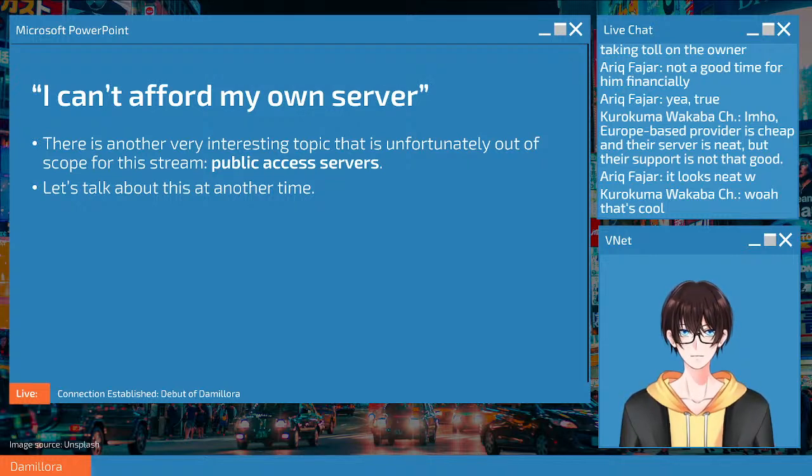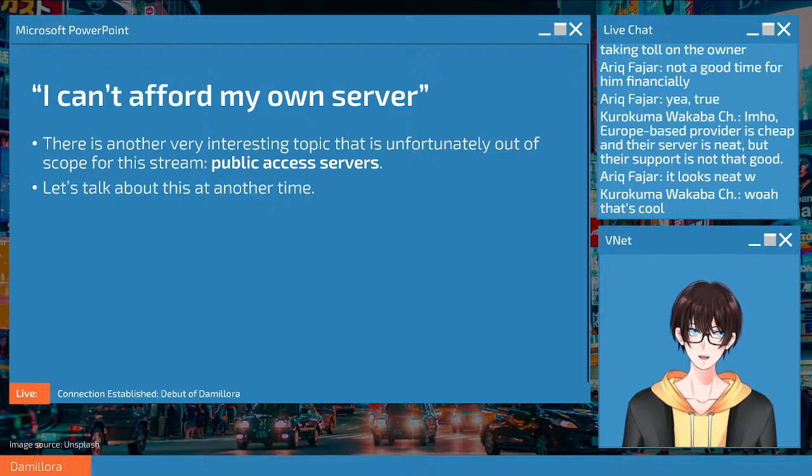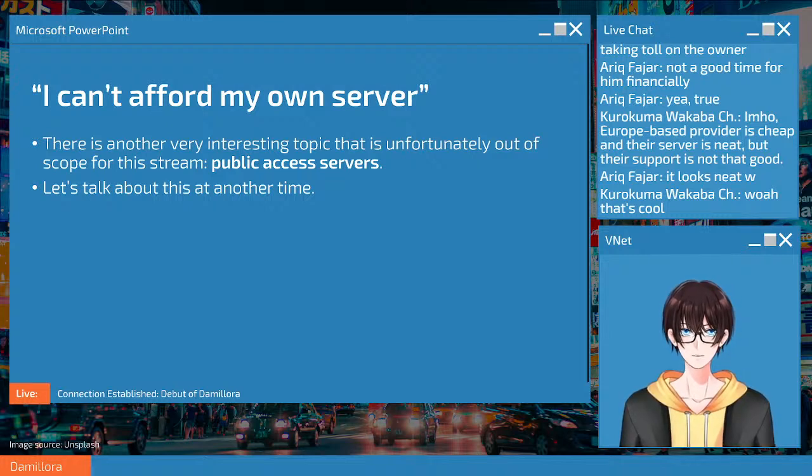But what if you cannot afford your own server? To be honest, there is another topic that I am very interested in, but that is unfortunately out of scope for this stream: public access servers.